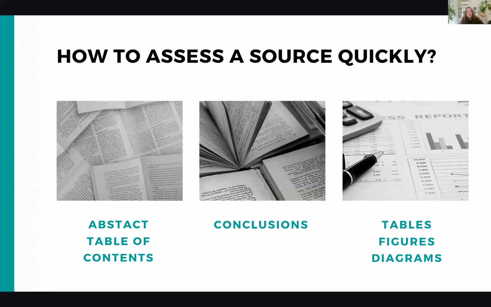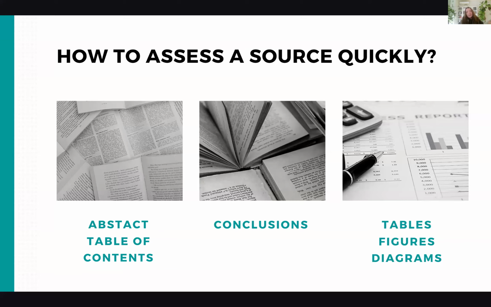But the conclusions will have theoretical and practical results achieved throughout the study. And so once again, reading the conclusions will help you decide if the article or a book will work for your project or for your thesis.